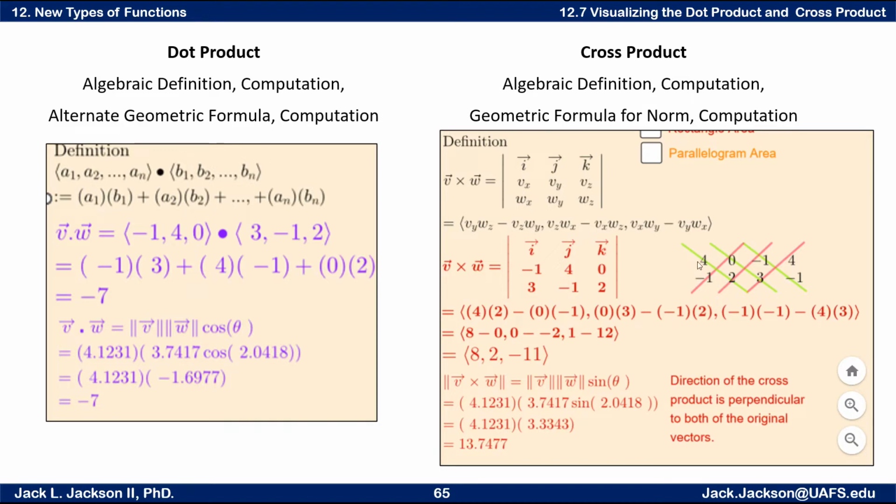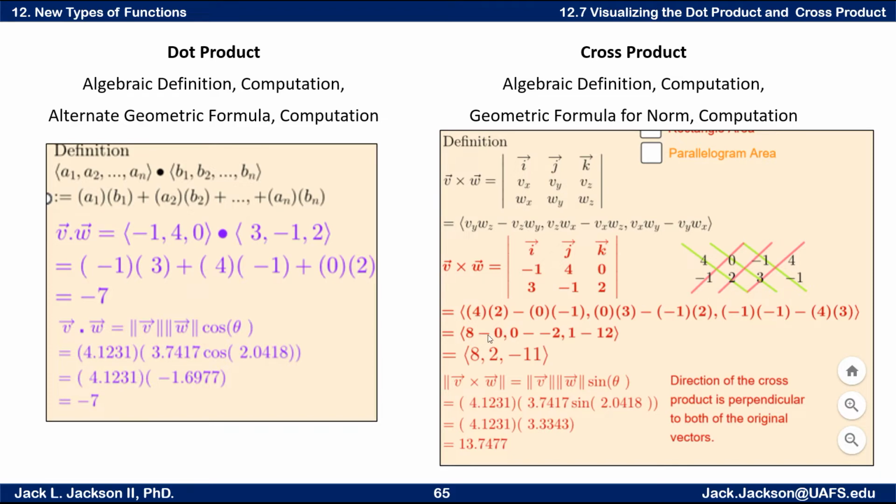Let me say it again. 4 times 2 is 8, 0 times 3 is 0, -1 times -1 is +1. So that's 8, 0, 1, minus the others. Goodness gracious, 4 times 3 is 12.